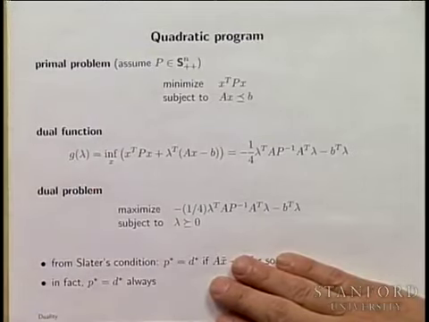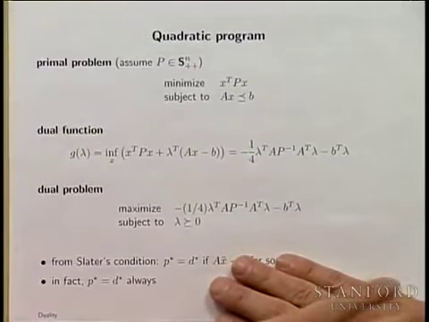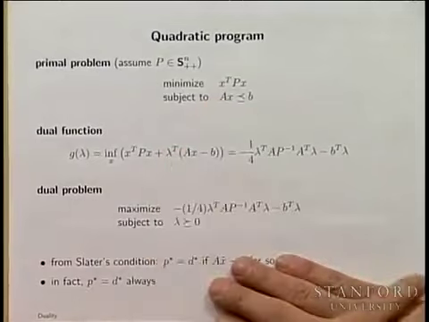I mean, you might get a rather stupid one. For example, you might get the lower bound minus 7. Let's talk about the lower bound minus 7 here. Why is the lower bound minus 7 valid for this problem? Because the objective is always non-negative. But the point is you get a lower bound. So that's the dual problem.